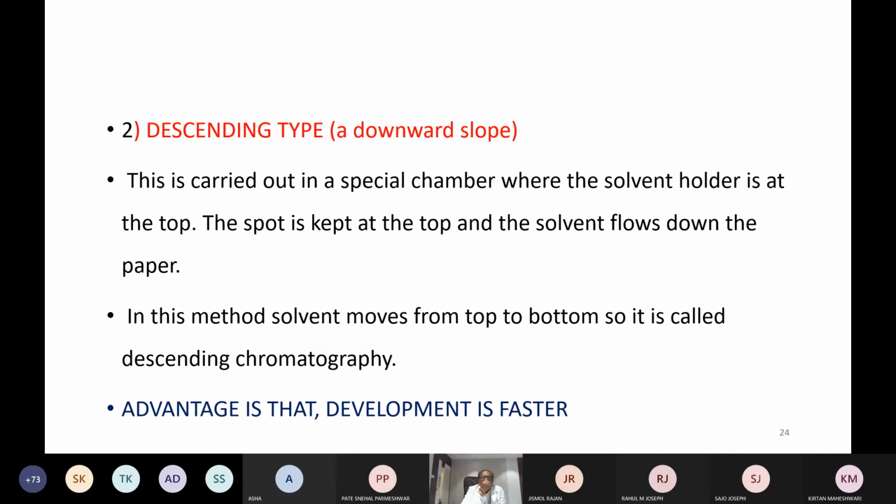This means the solvent moves from upside to down, so it is called descending chromatography. The advantage is that because it is not against gravity, the development will be faster.